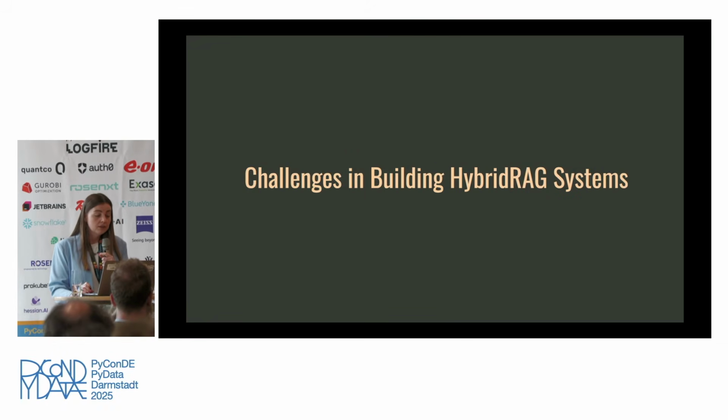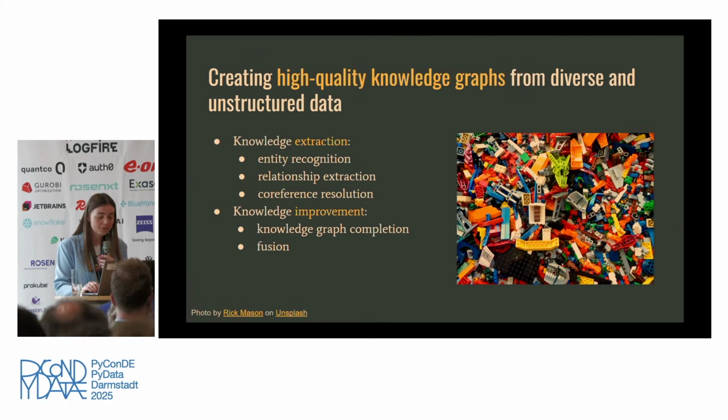And yeah, there are a lot of challenges in building such systems. First of all, as I already mentioned when I was talking about graph RAG, is how to build a high quality knowledge graph. The first step you want to do with your unstructured data is to extract the knowledge.